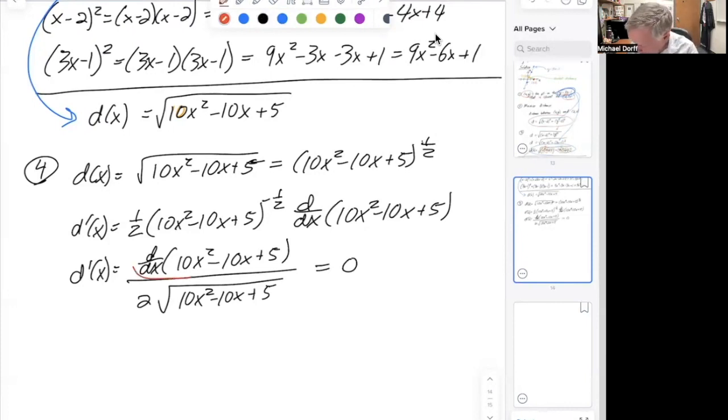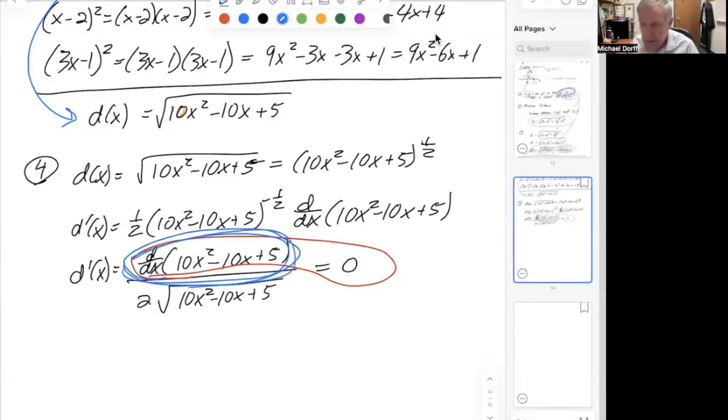What becomes important is what's in the numerator. The denominator can never equal 0, and so it does not affect the value of this derivative if we're setting it equal to 0. So for the critical numbers, it just matters what's in the numerator, and that is this derivative here.